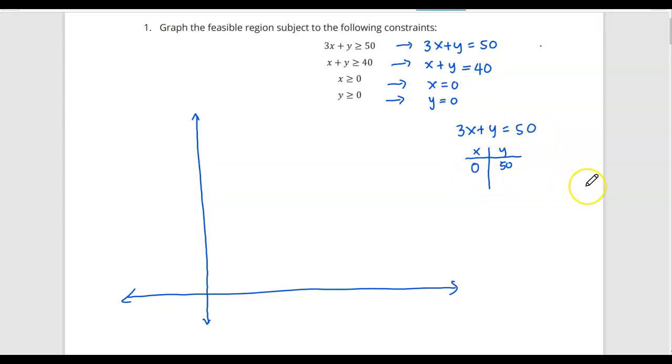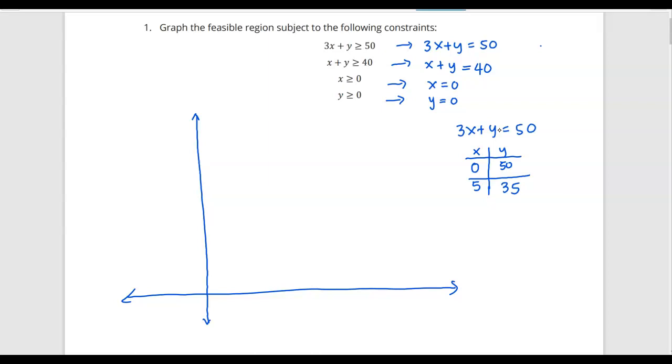And then another point on the line on the first quadrant, say for instance x is equal to 5. When x is equal to 5, plug it in here. You have 3 times 5, which is 15, and then you solve for y. So 15, transpose that on the other side, y is equal to 35.